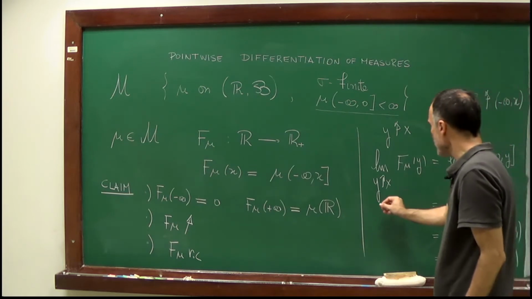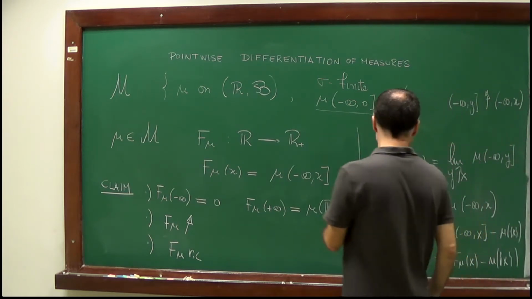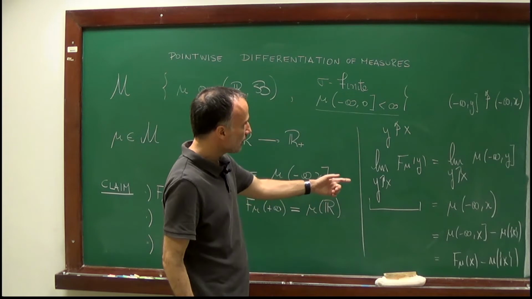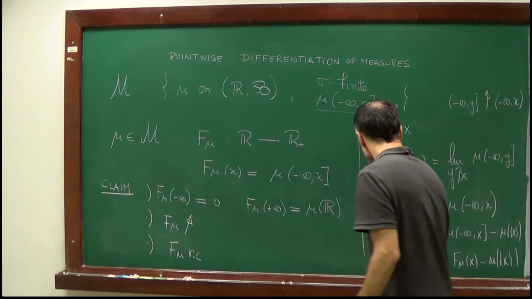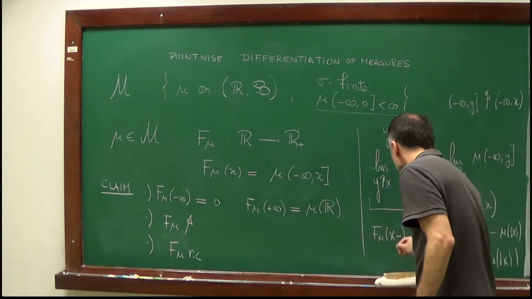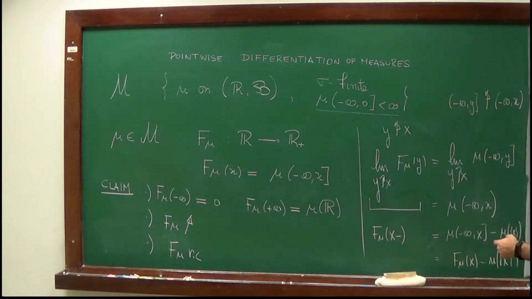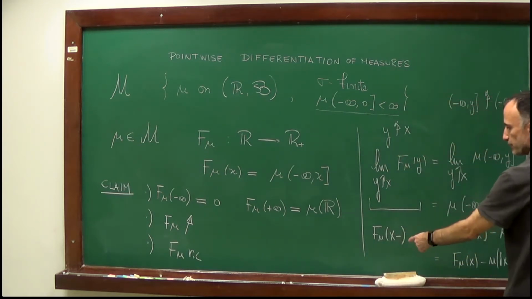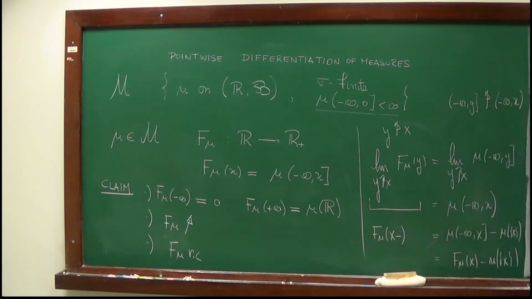Let me represent this expression as the left limit at x of f_mu. So let me represent that by f_mu of x minus, the limit of f_mu in the left direction.